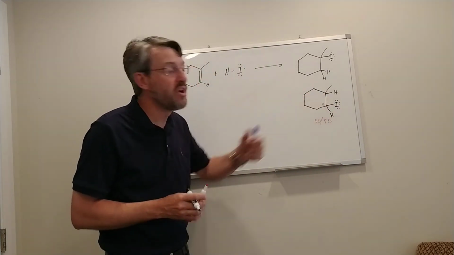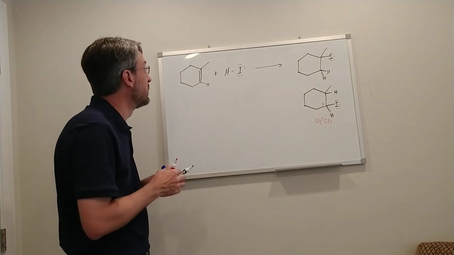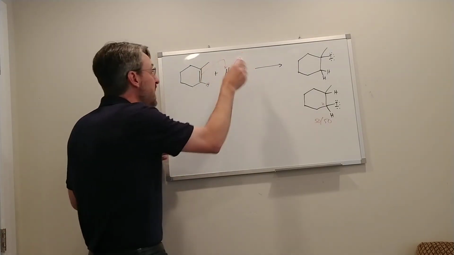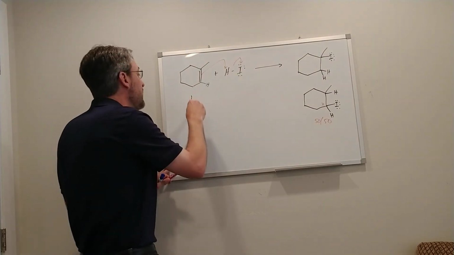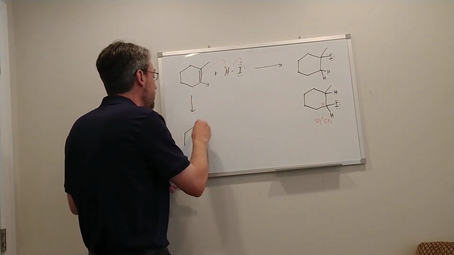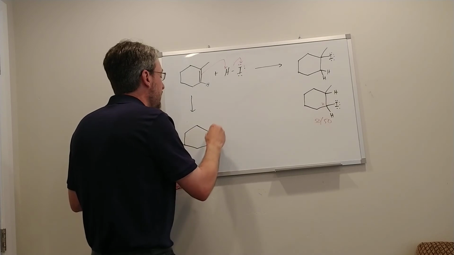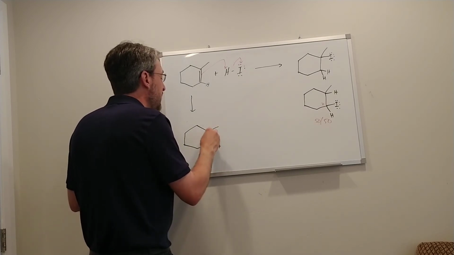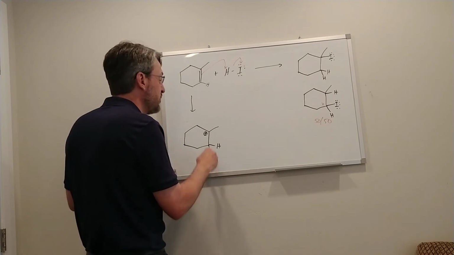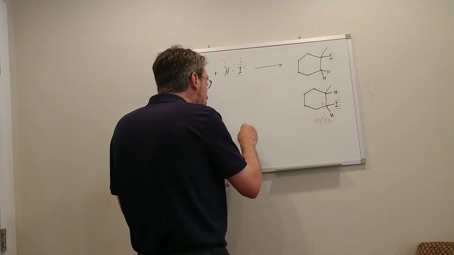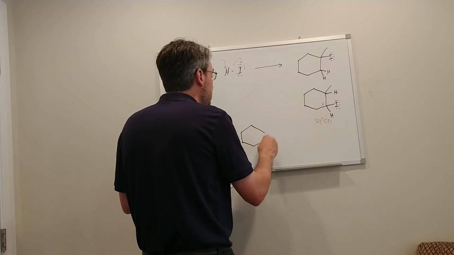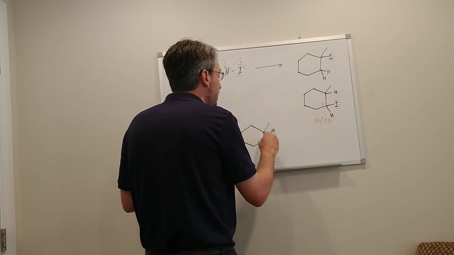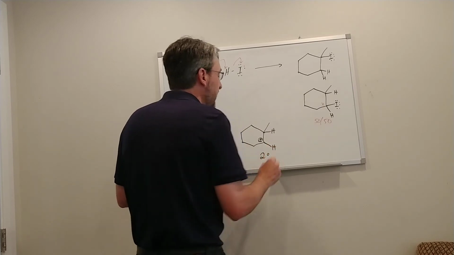And again, it gets a little more complicated because of this chirality center as well. But if we think about our mechanism, it's exactly the same. There's our two arrows, and what we would get from that, again, we would expect from Markovnikov's rule that H would go there to give us a tertiary cation, or we could also potentially have the H going here and giving us a secondary cation.